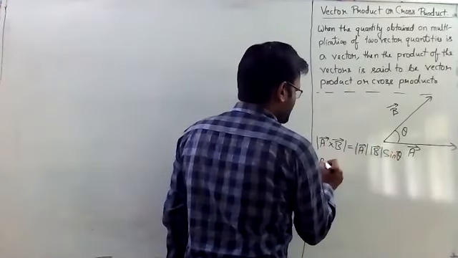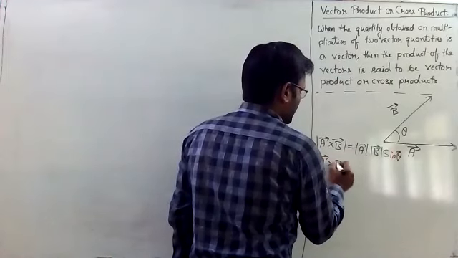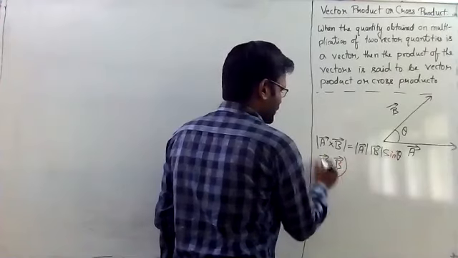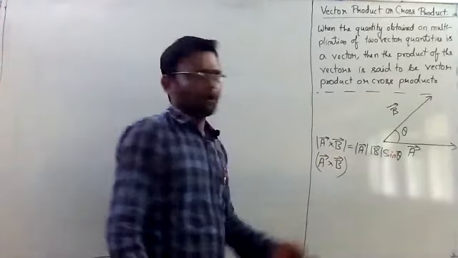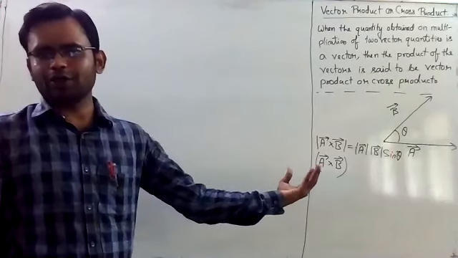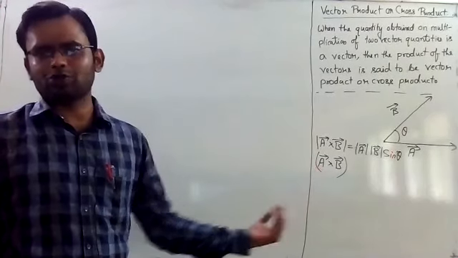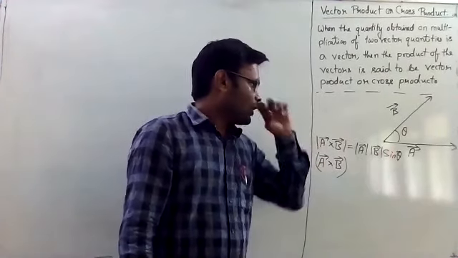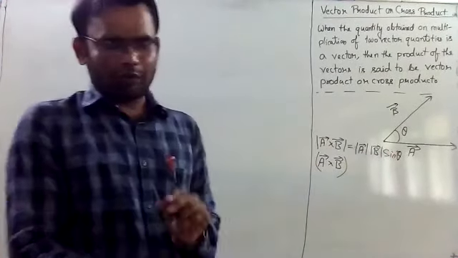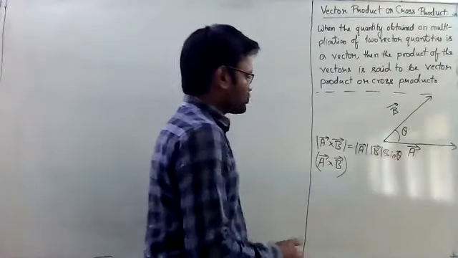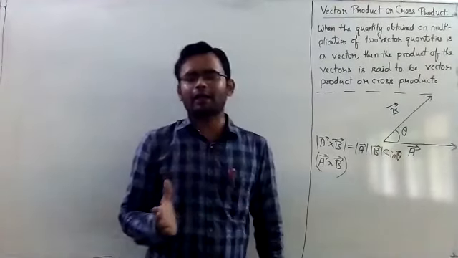Now, since A cross B is a vector, this quantity should also have a direction. The magnitude of A cross B is known to me, that is AB sin theta. Here we should also get the direction of A cross B. So in order to get the direction, we will be using the right hand thumb rule.